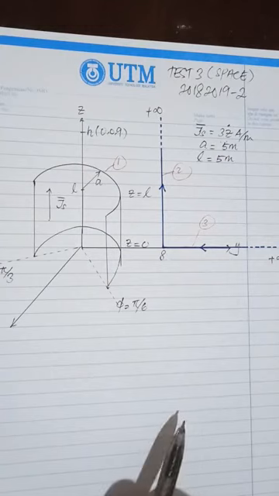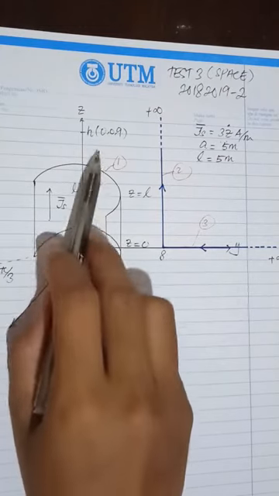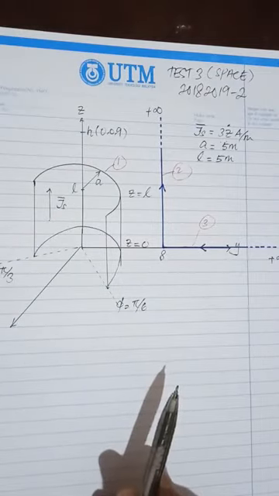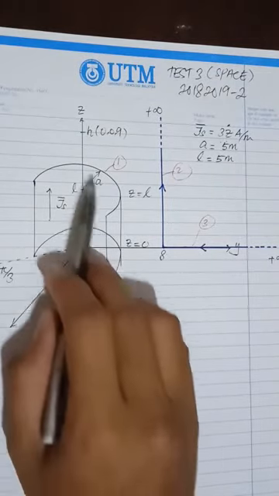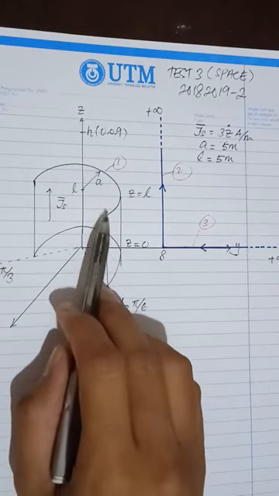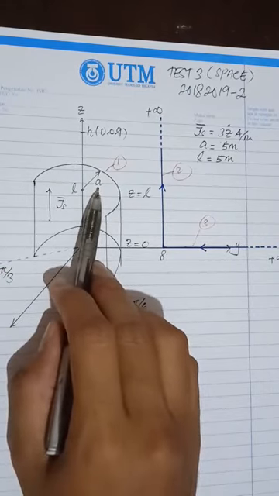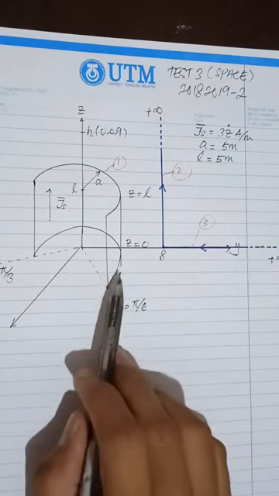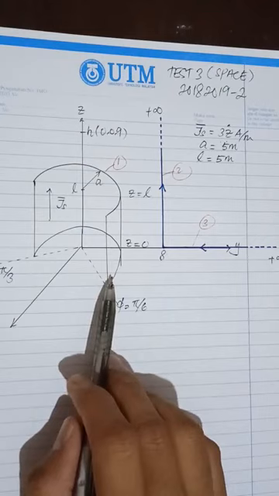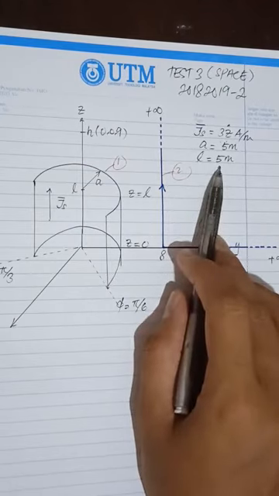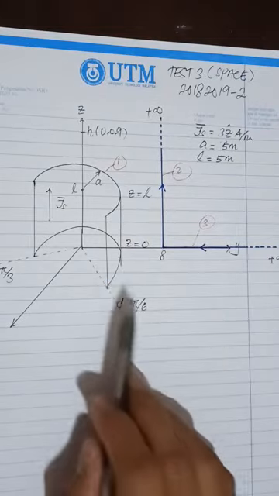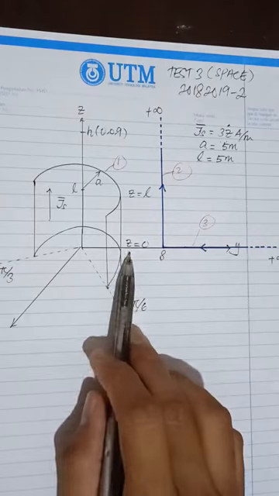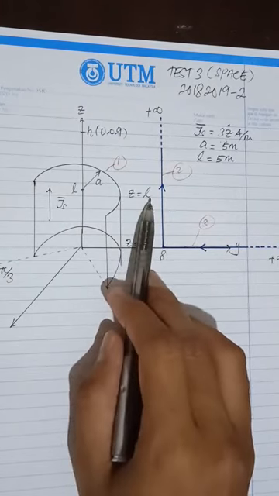The point of interest is located at (0, 0, 9), and we denote the field there as H. We are also given the radius of the cylindrical surface current structure, defined as a, which is 5 meters, and the height of the structure, L, as shown here. So this surface current runs from z = 0 to z = L.